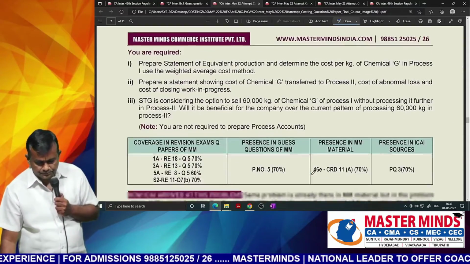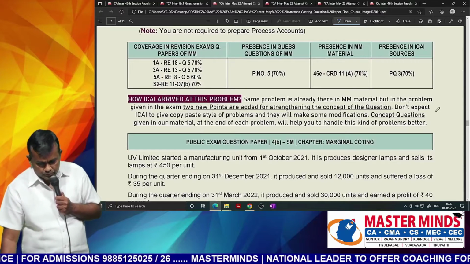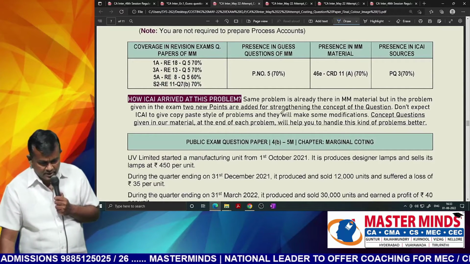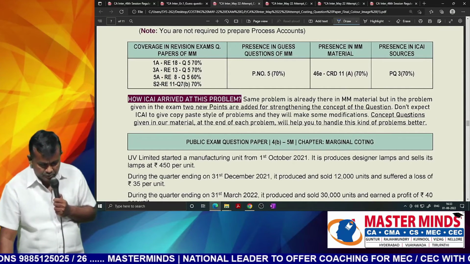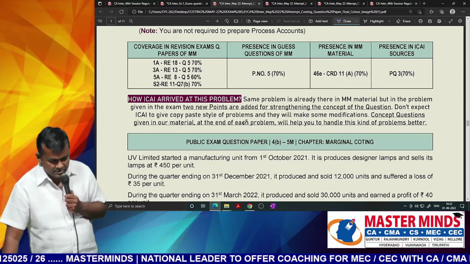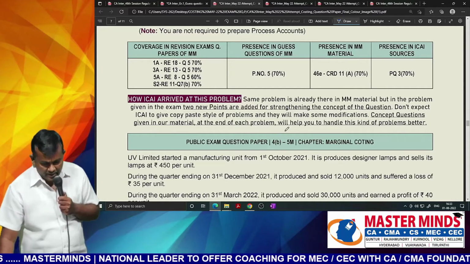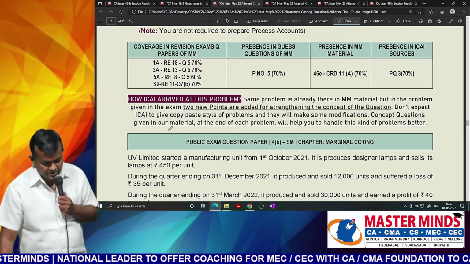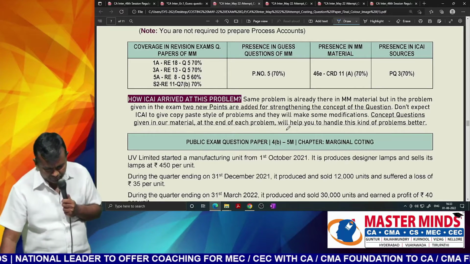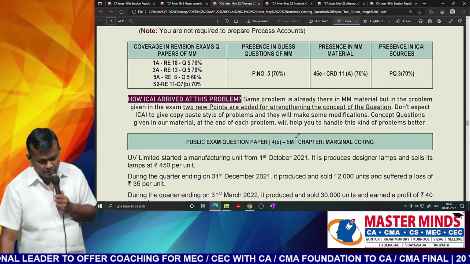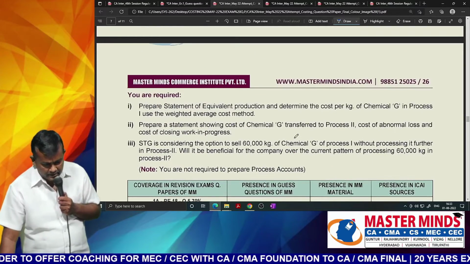Two new points are added for strengthening the concept of the question. Don't expect ICAI to give copy-paste style problems; they will make some modifications. Concept questions given in our material at the end of each problem will help you handle this kind of problem better.